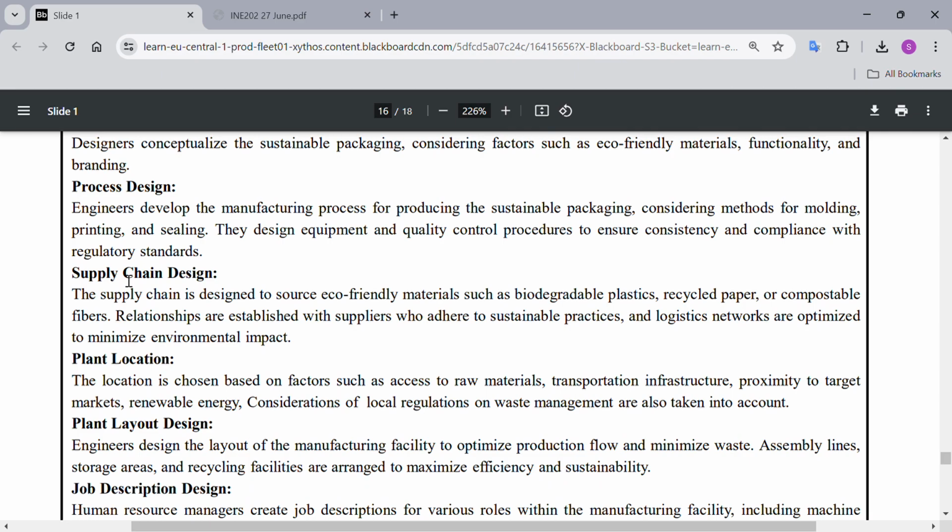And the supply chain is designed to source eco-friendly materials such as biodegradable plastics, recycled paper, or compostable fibers, and these can be imported from other suppliers. And then there is relationships. Relationships are important in the business industry and the supply chain, and they are established with suppliers who adhere to sustainable practices.